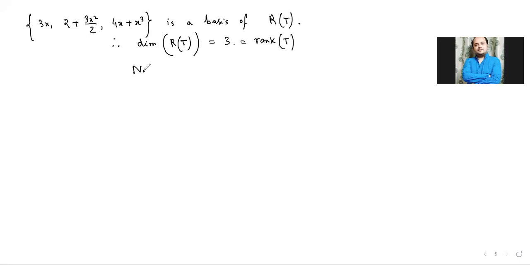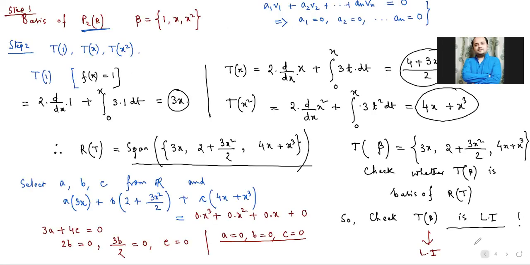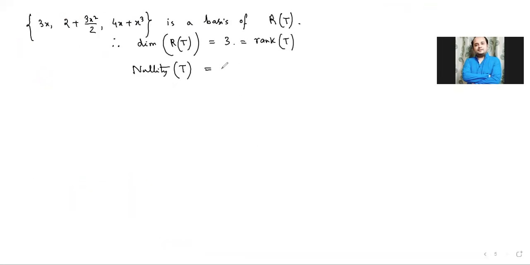What will be the nullity of T? Nullity T plus rank T equal to dimension of the domain. What is the dimension of the domain? It is 4. So nullity of T is 1... Dimension of the domain is 3, dimension of RT is 3, so nullity of T is 0.